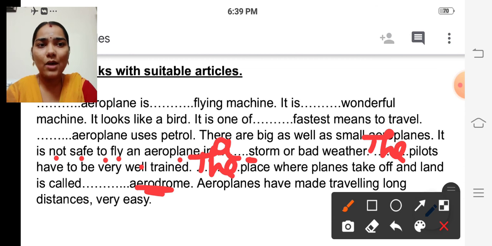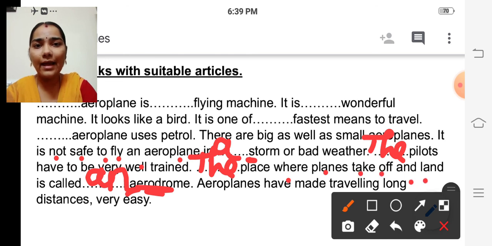The place where planes take off and land is called dash aerodrome. Aerodrome starts with the letter A. It is a vowel, isn't it? So the article an should come. The place where planes take off and land is called an aerodrome.